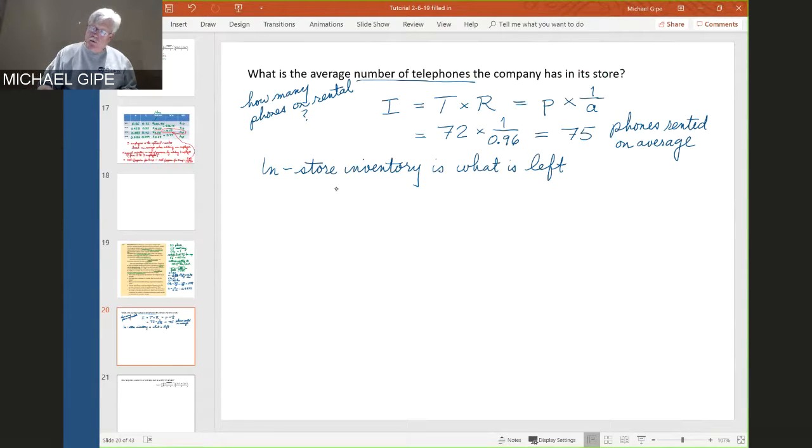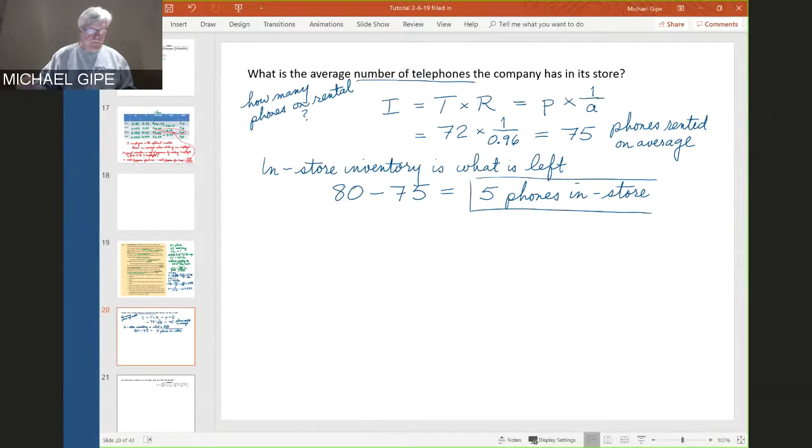And so we've got total of 80 resources available minus the 75 that are in use. That equals a total of 5 phones in store on average. Okay, so on average, we've got 5 phones in the store sitting around waiting for a customer to come by.